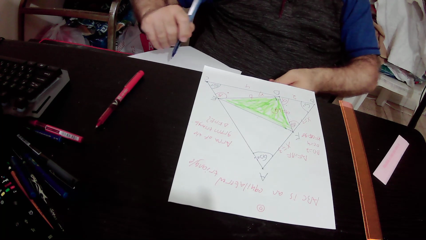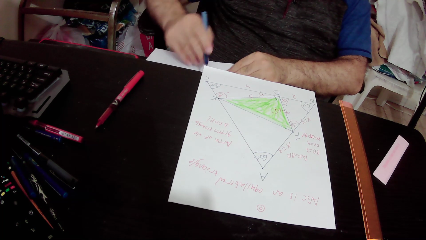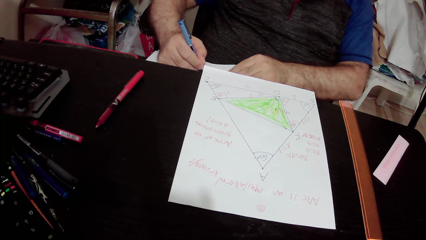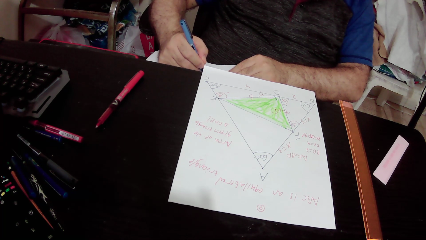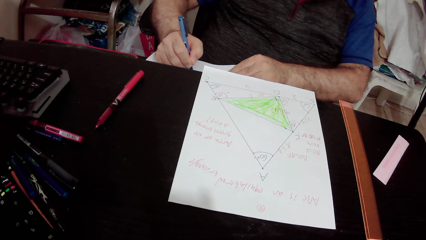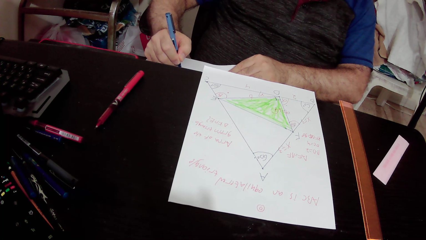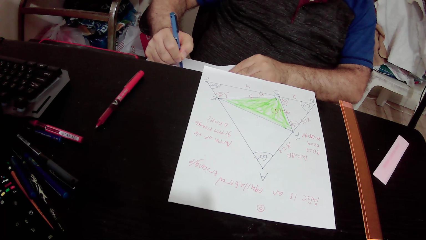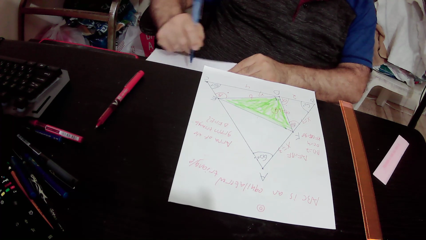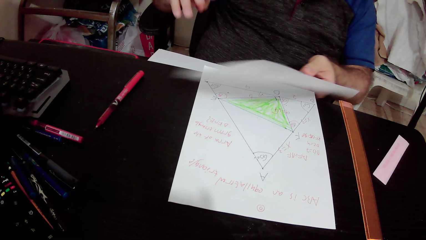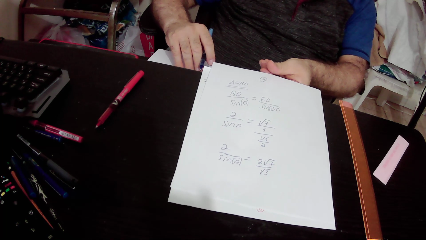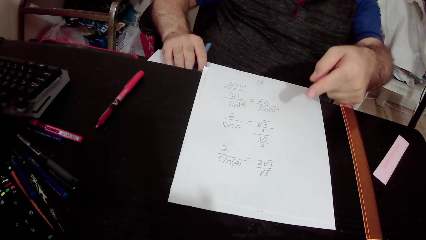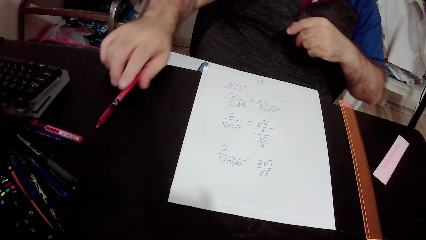We will get that 2 over sinus theta equals 2 times root 7 over root 3.